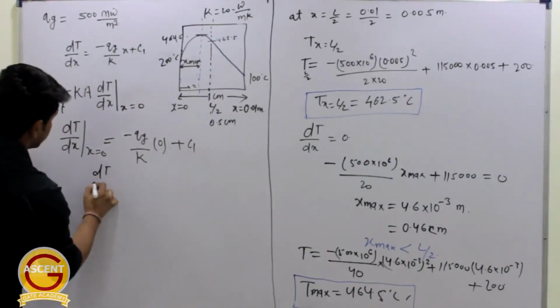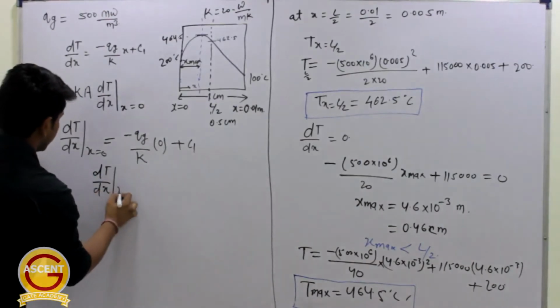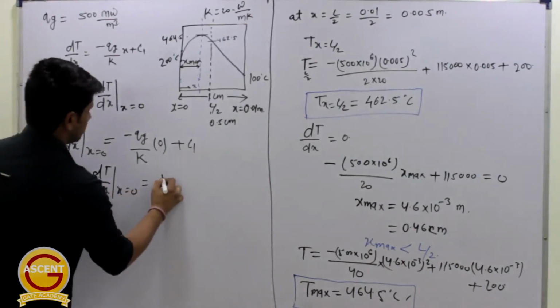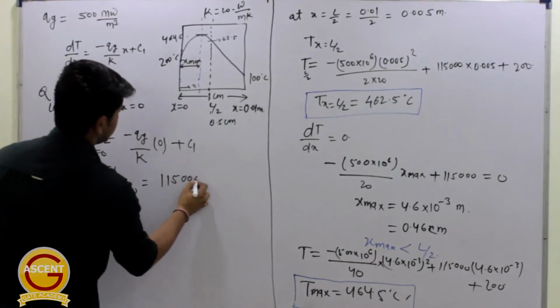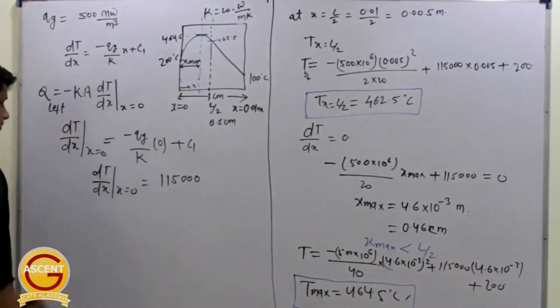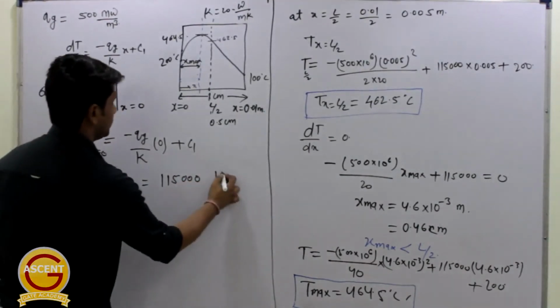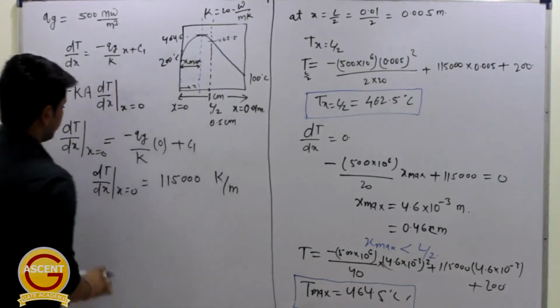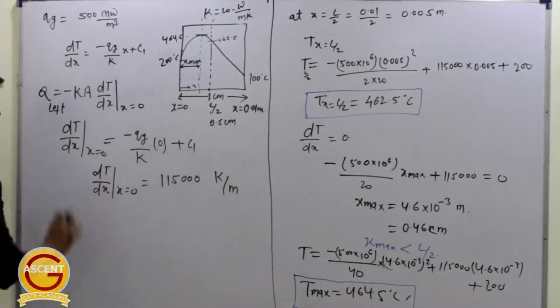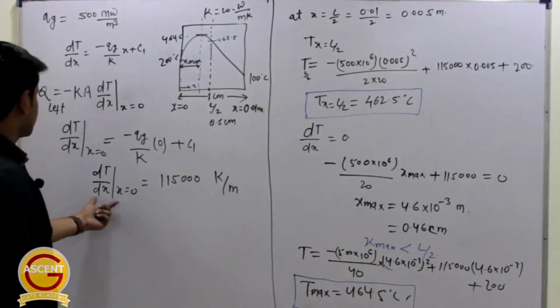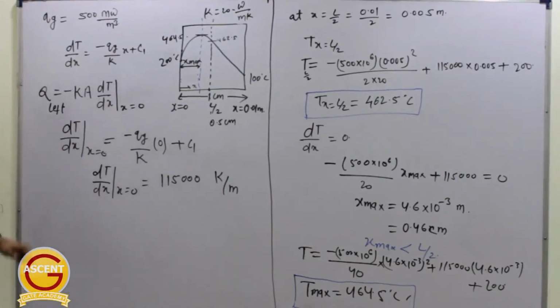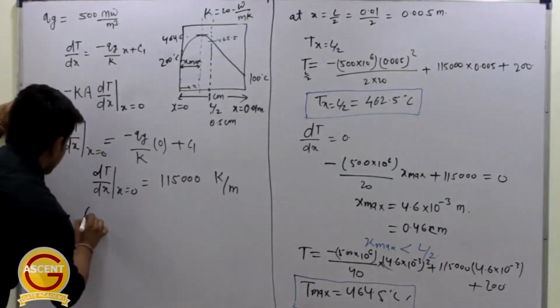So dT by dx at x equal to 0 will be 115,000, which is equal to C1, and the unit of dT by dx is Kelvin per meter, right, because this is temperature difference divided by distance. So now just put this value of dT by dx in this equation and you will get the heat transfer.